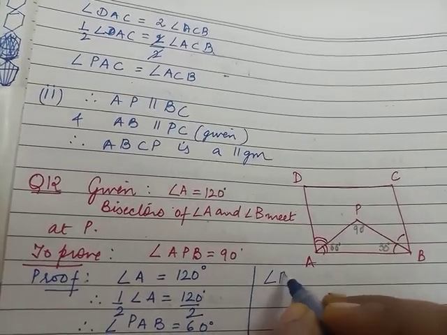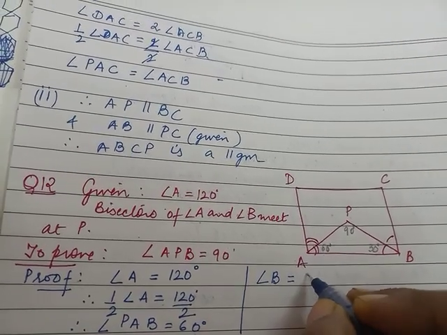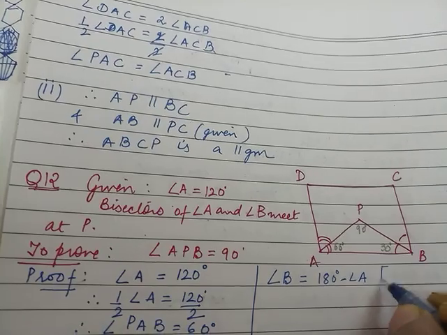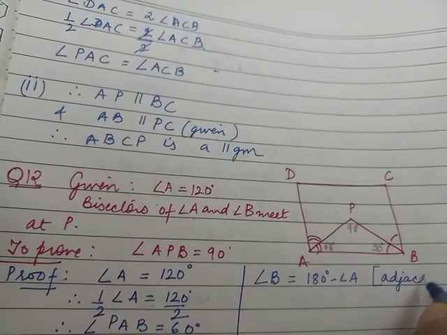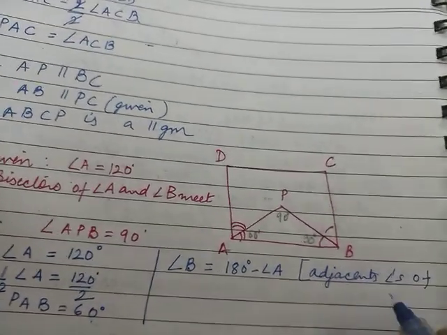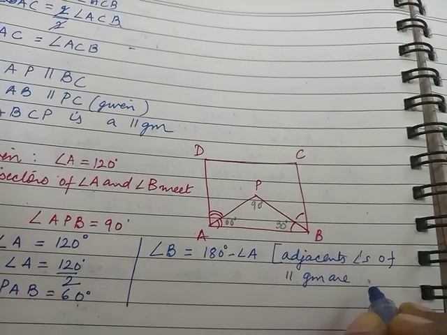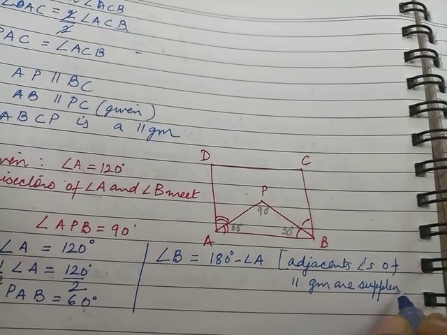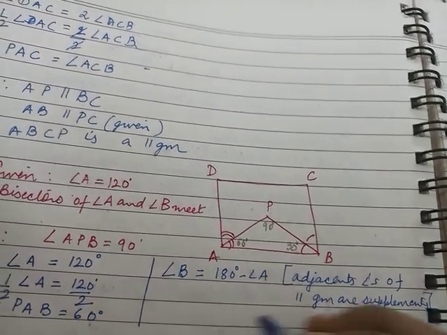Angle B, now I calculate, angle B is equal to 180 minus angle A. Reason we have to give, so we'll write adjacent angles of parallelogram are supplementary. Okay, so we'll write this.